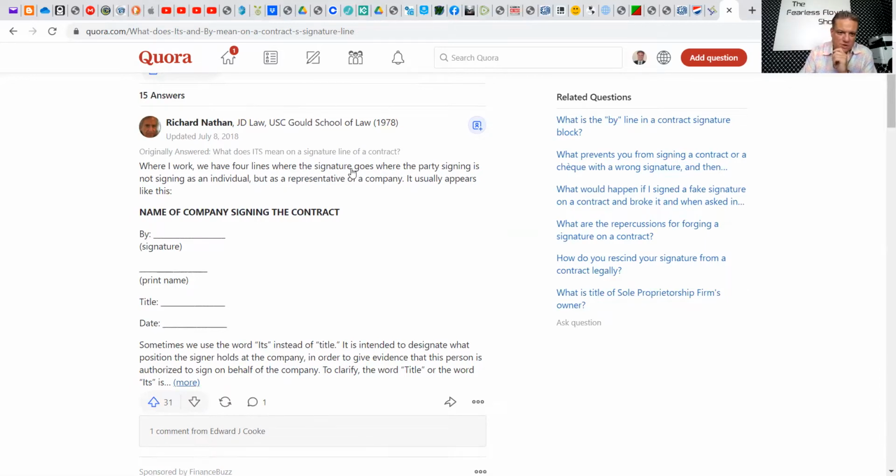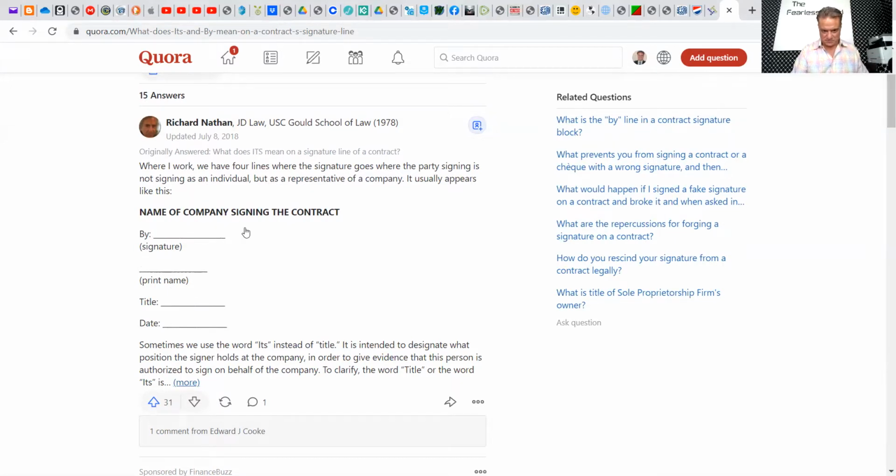Where I work, we have lines where the signature goes, where the party signing is not signing as an individual, but as a representative of a company, an agent, authorized representative, et cetera. It usually appears like this: name of the company signing the contract, by, signature line, print name, so they can actually read who signed the instrument, because most people's signatures, which is really their autograph, they don't know.